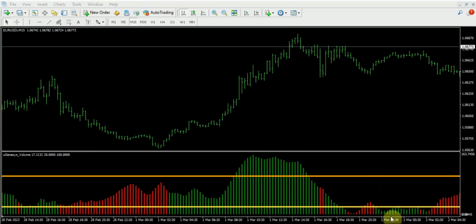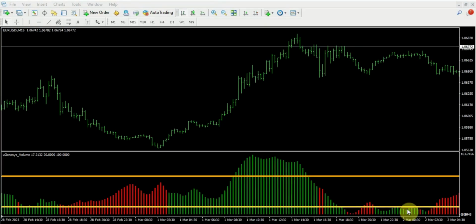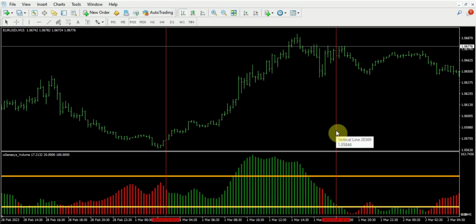Alright, and right over here guys, you can see a section where the bars are below our golden line, so we want to avoid those sections here where we get consolidation in the market, okay? But if you look right here, we can see we have another massive uptrend, and you can see we're going to mark the beginning right over here at the last bar of the previous downtrend, and then we'll just mark right here at the end where the bars cross the line.